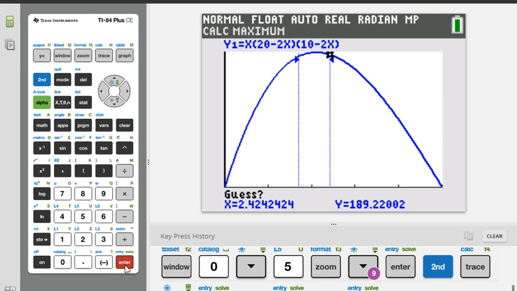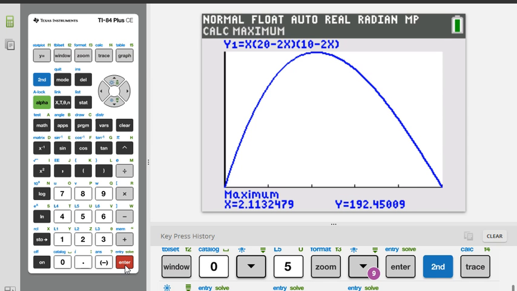So I have lines drawn, and you're between those 2 points, and hit enter. So my maximum volume is 192.5 cubic centimeters when I cut out 2.1 out of each side.